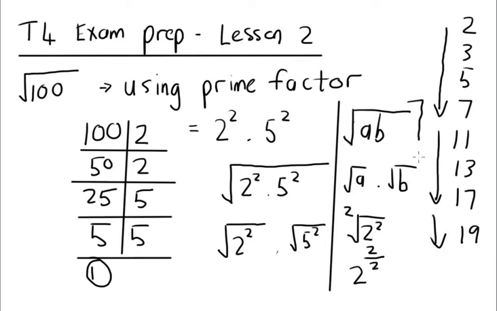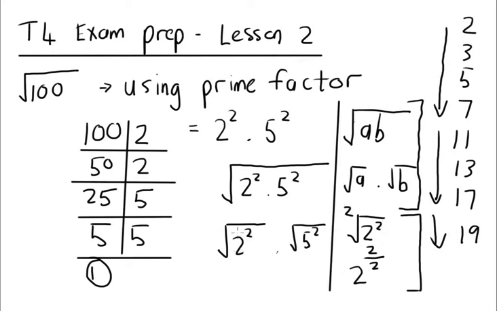There's one law over here that we're using to break things up, and there's another law over here that we're using to convert the surd into an exponent. The way we do that is we take the power that's inside the square root, and we say that's equal to 2 divided by 2.